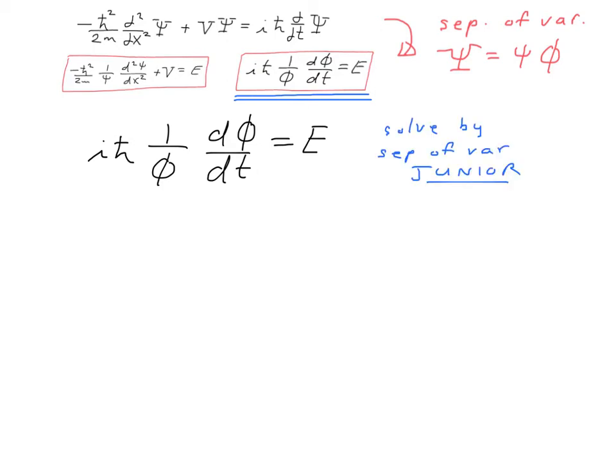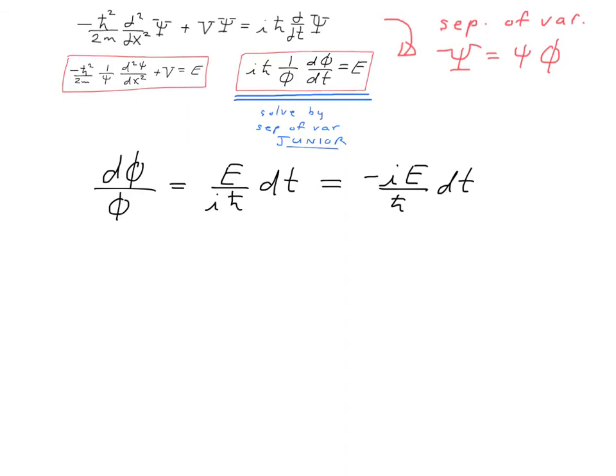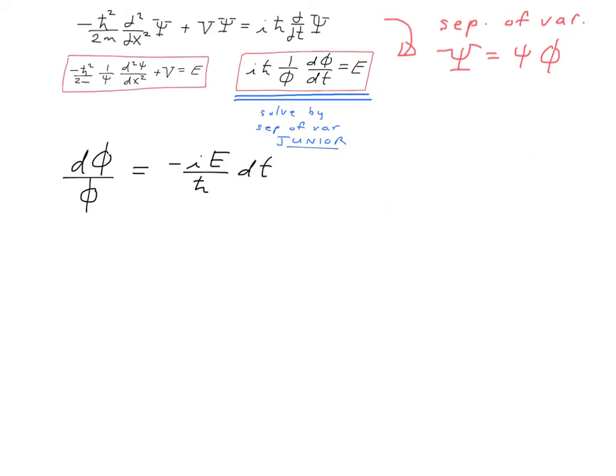So let's multiply both sides by dt, divide both sides by iħ, and we get this. And to go from here to here, we just note that 1 over i is equal to minus i. So now we have all the phi stuff on one side, all the t stuff and constants on the other side. So let's integrate both sides.